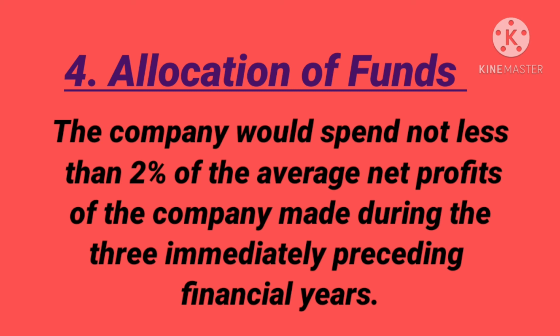The surplus arising out of the CSR activity will not be a part of business profits. The company may build CSR capacities of its personnel and those of its implementing agencies through institutions with established track records of at least 3 financial years.